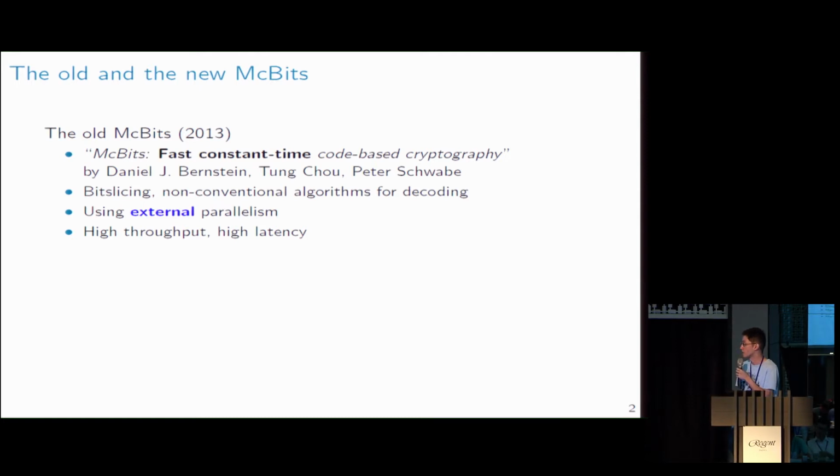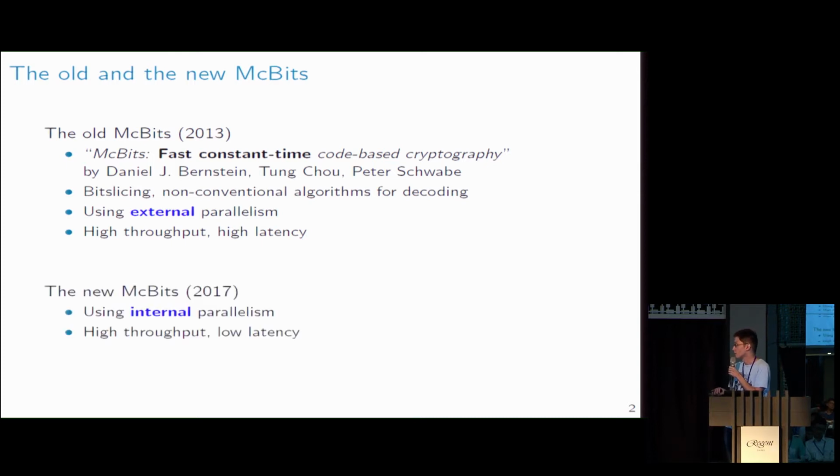I'll expand this later in more detail, but what we should notice here is that in the original McBits, this 2013 paper, we use external parallelism to do bit slicing. This means that we will have a high throughput. That's fine, but in terms of latency, it's not so good because we process many different instances in parallel, and we cannot get the result of one specific instance earlier.